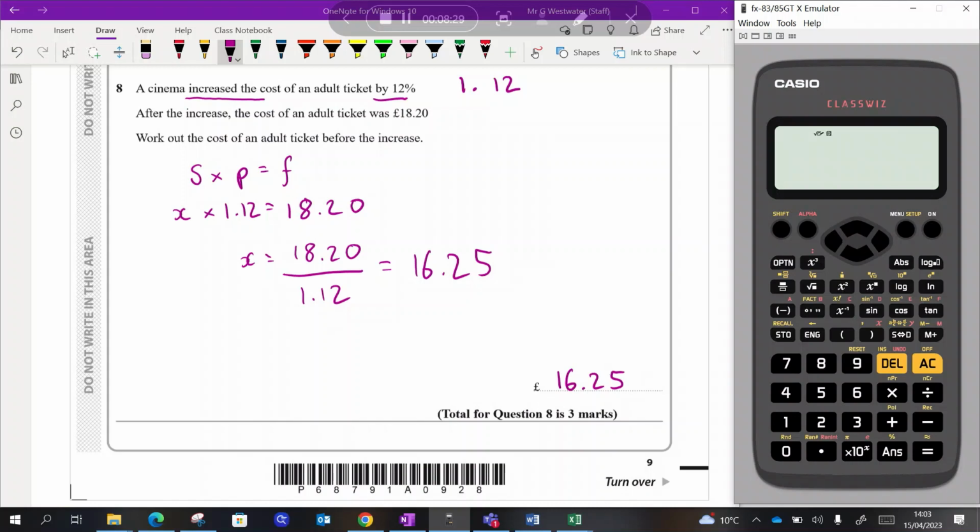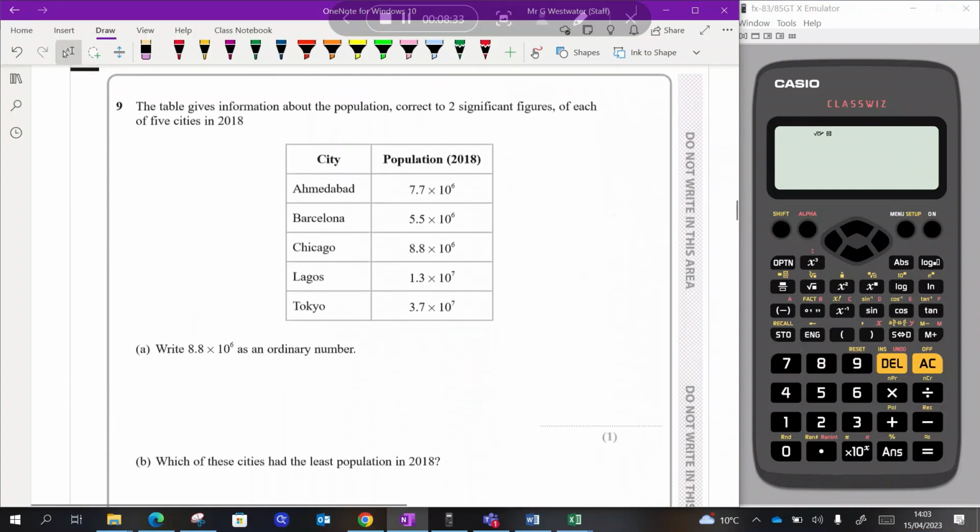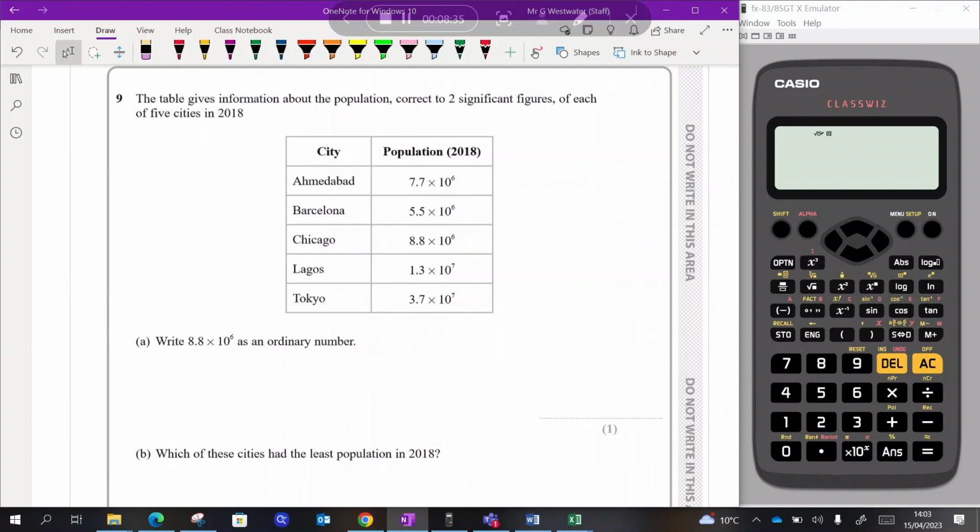Okay. And on to our next question. Question 9. The table gives information about the population correct to two significant figures of each of 5 cities in 2018. So we've got Ahmedabad, Barcelona, Chicago, Lagos and Tokyo. Write 8.8 times 10 to the 6 as an ordinary number.